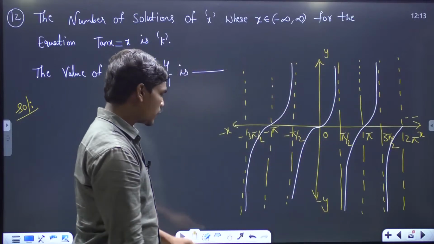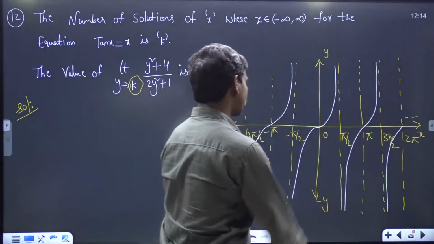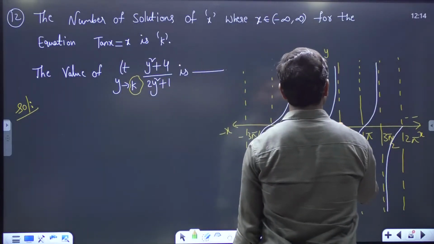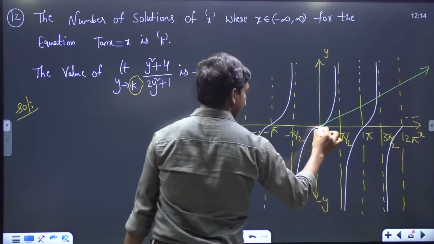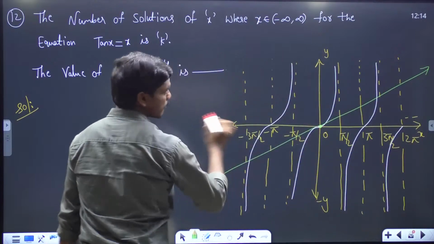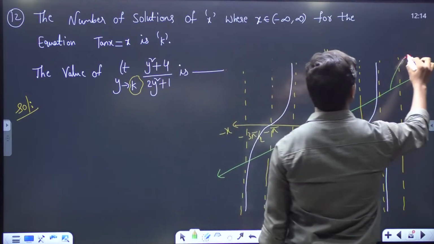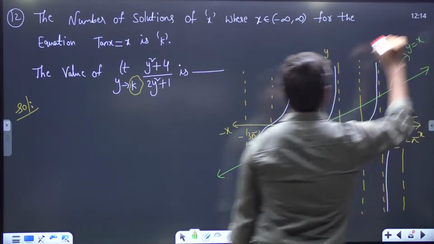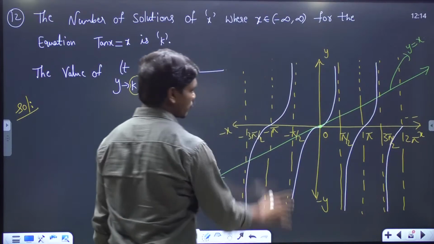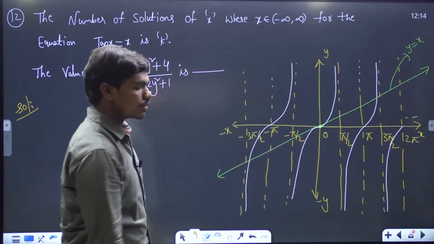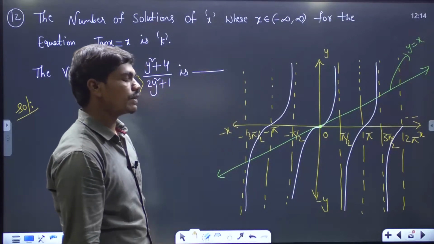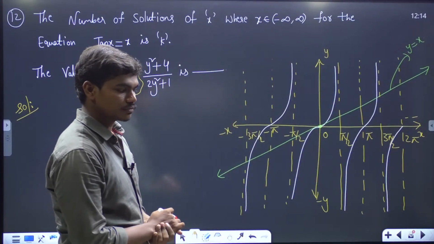Now, if you draw y is equal to x here, something like this, the line y is equal to x. Now, if you see the number of points of intersection of these curves, how many are there in total? What is the total number of points of intersection for y is equal to tan x and y is equal to x?